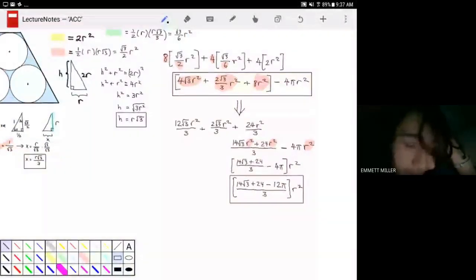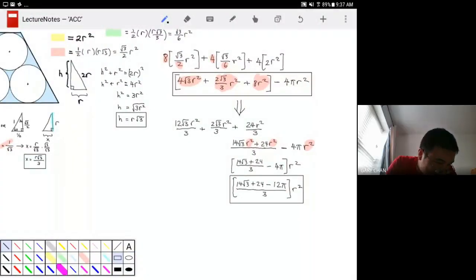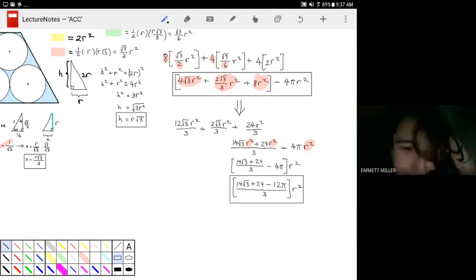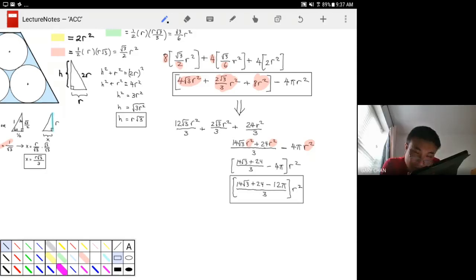I think you can make it even more concise. You think you can make it even more concise? Yeah. You can. How so? On the top, everything has a common factor of 2. So you can make it 7 radical 3 plus 12 minus 6 pi over 3. And then on the outside, it could be 2r squared. That's true. You can.